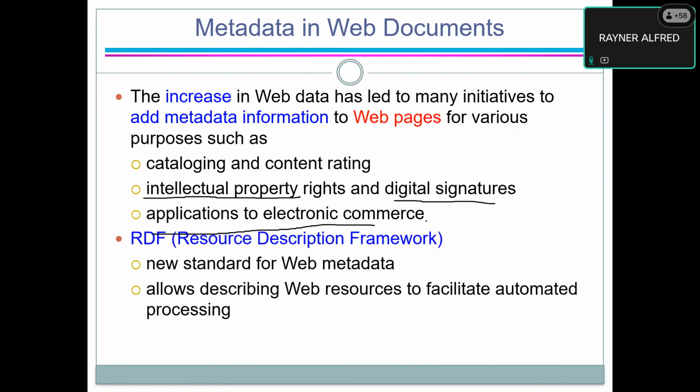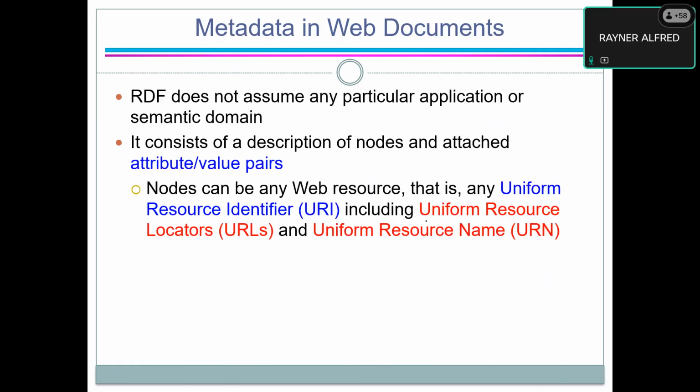Okay. So in the semantic web, they use this resource description framework. This is a new standard for web metadata. They allow you to describe the web resources to facilitate automated processing. So the concept is we need to have the resource, the property, and the values.